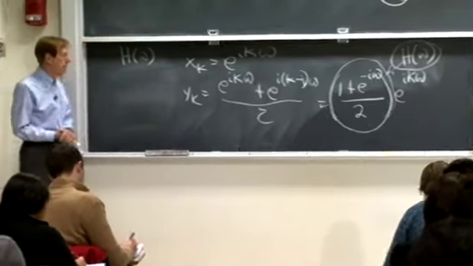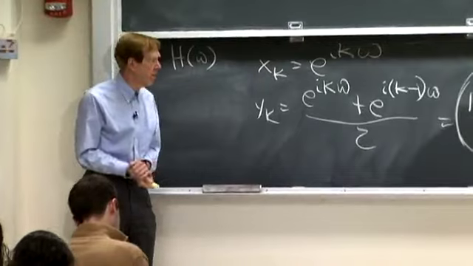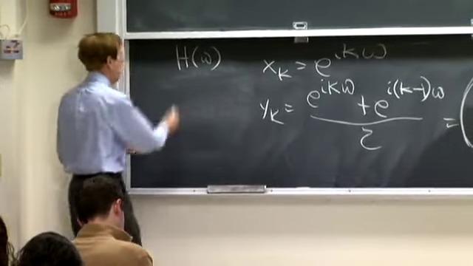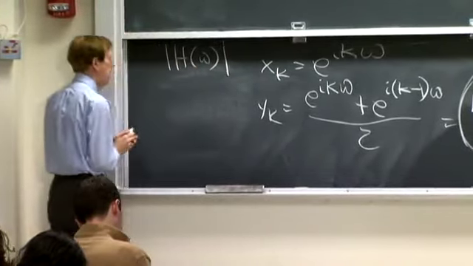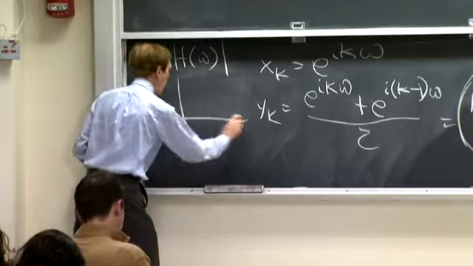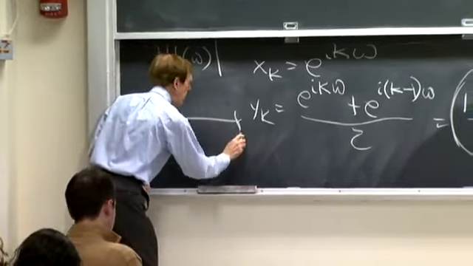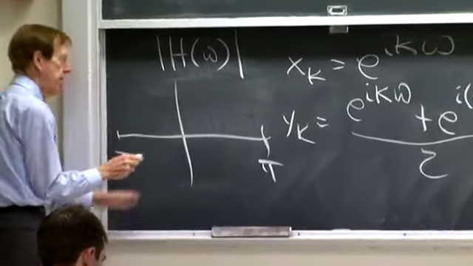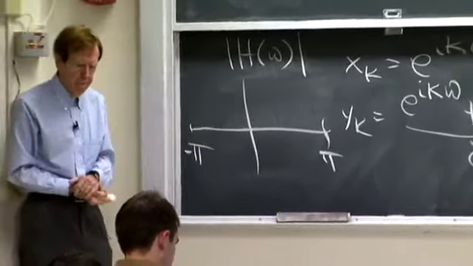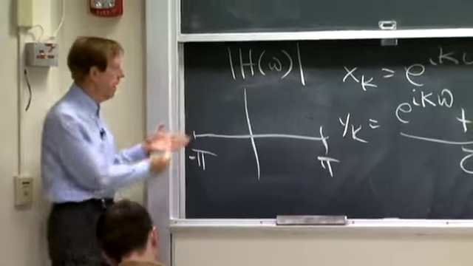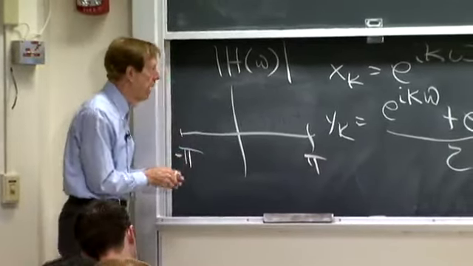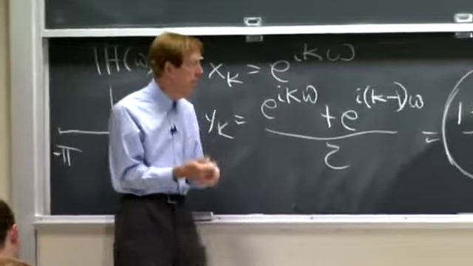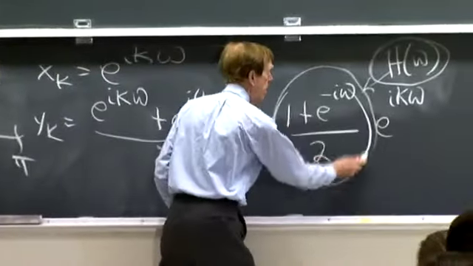Well, I have a little problem. H of omega is a complex number. I'll graph the magnitude response. So here I'm going to do a graph from minus pi to pi. This is the picture. This is the picture people look at. This is the picture of what the filter is doing. All the information about the filter is in here.